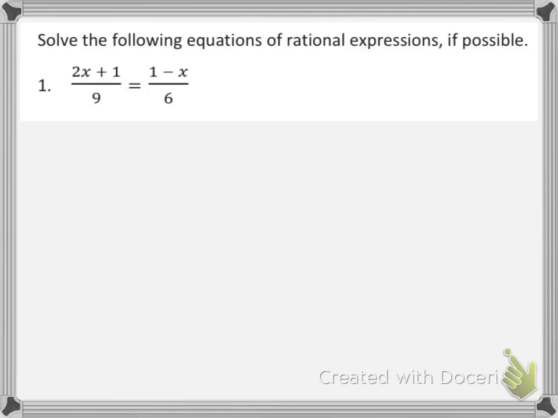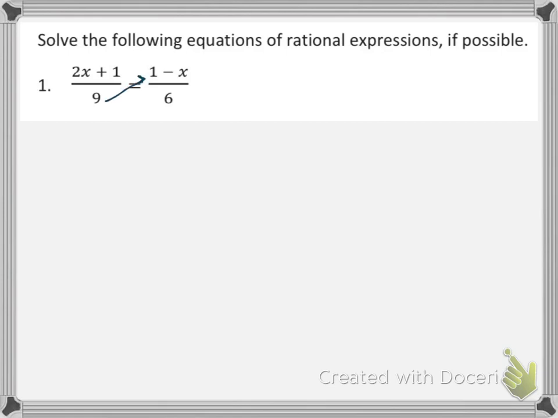All right, our job today is to solve the following equations of rational expressions. What we learned in class is that we can clear the denominators with a method we called means extremes.